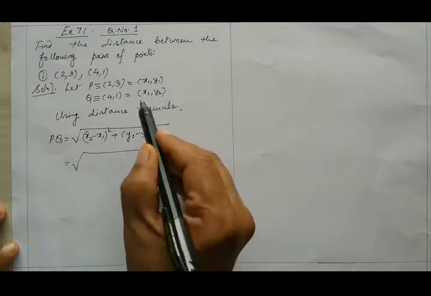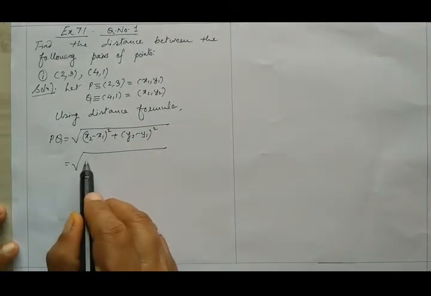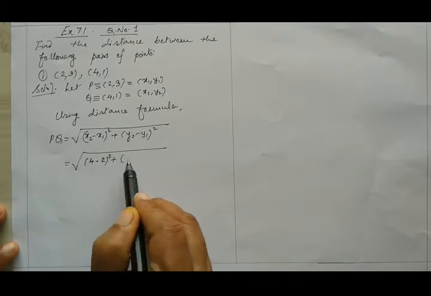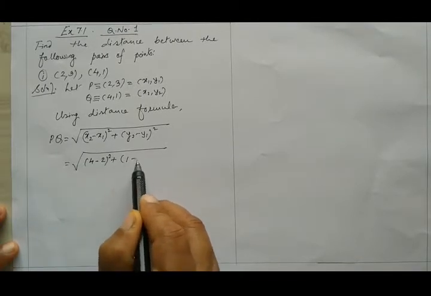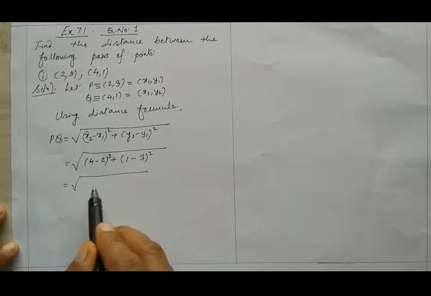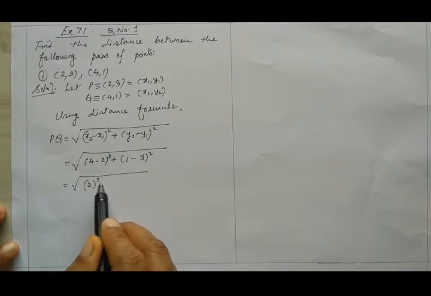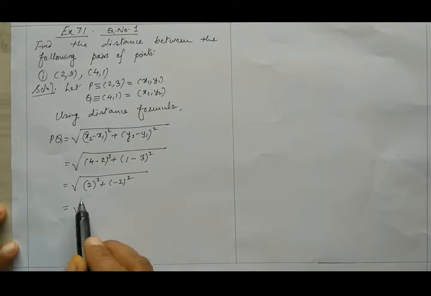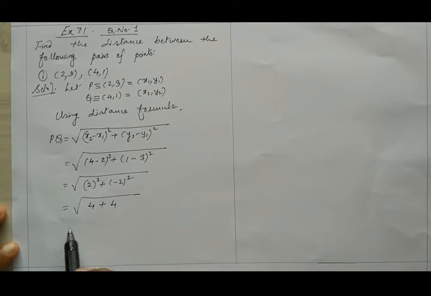so what is x2? x2 is 4, so 4 minus 2 whole square, y2 is 1 minus 3 whole square, is equal to 4 minus 2, so 2 square, 1 minus 3 is minus 2, square, so 2 square is 4, and minus 2 square is also 4.